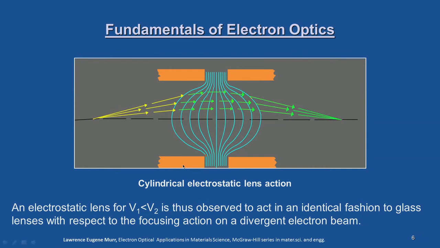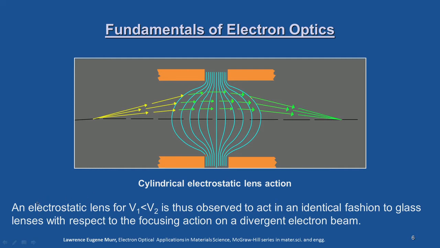This schematic clearly shows the cylindrical electrostatic lens action. You see this electron beam coming, and the diverged beam goes through the electrostatic field and gets converged. The converging action of this electrostatic lens is very clearly demonstrated in this schematic.